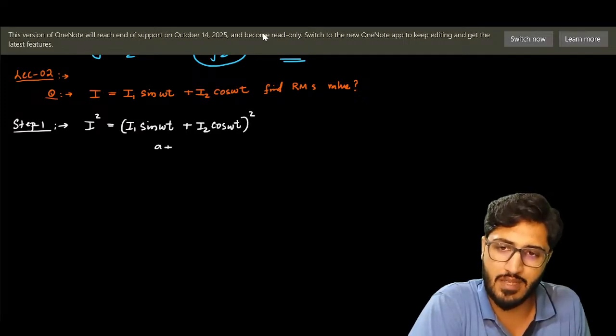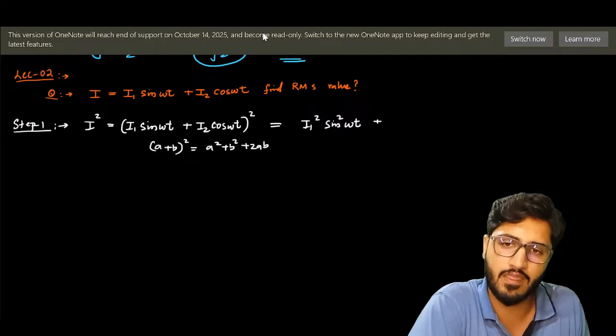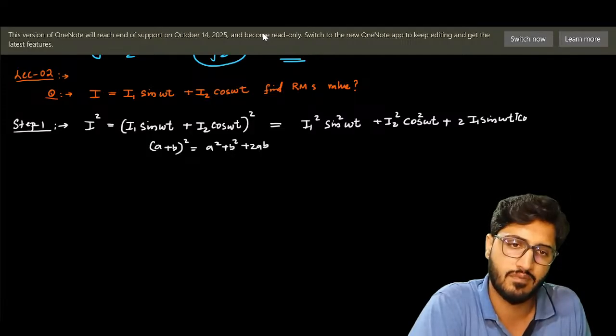This expression is a plus b whole square, which I can open as a square plus b square plus 2 times ab. So here I will write I1 square sine square omega t plus I2 square cos square omega t plus 2 times ab.